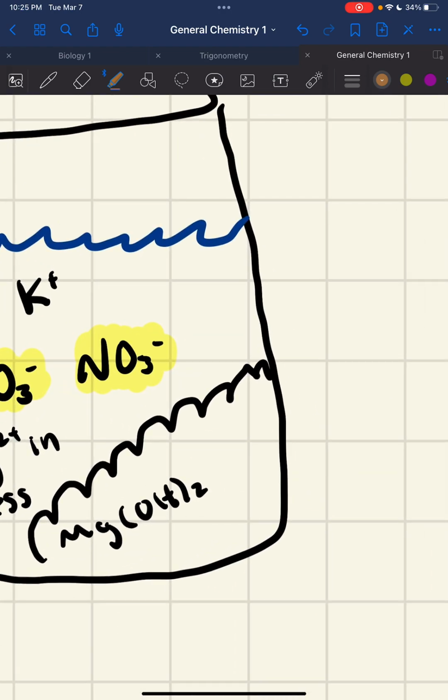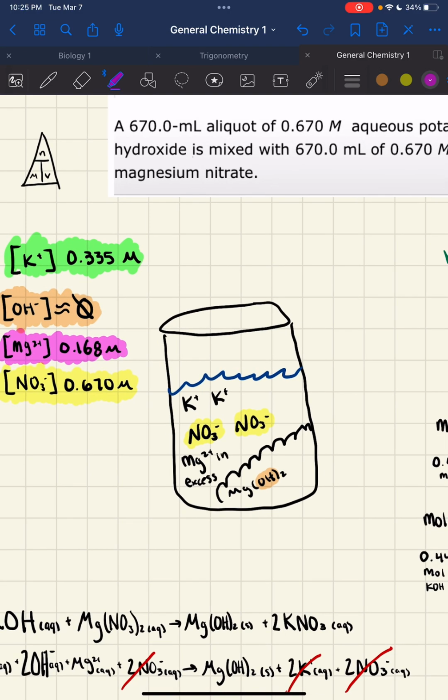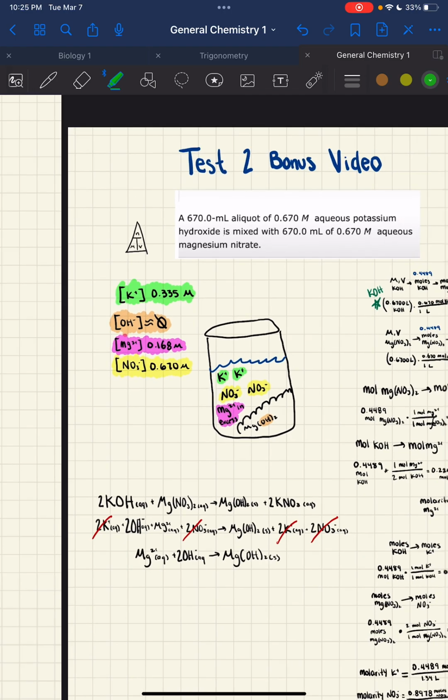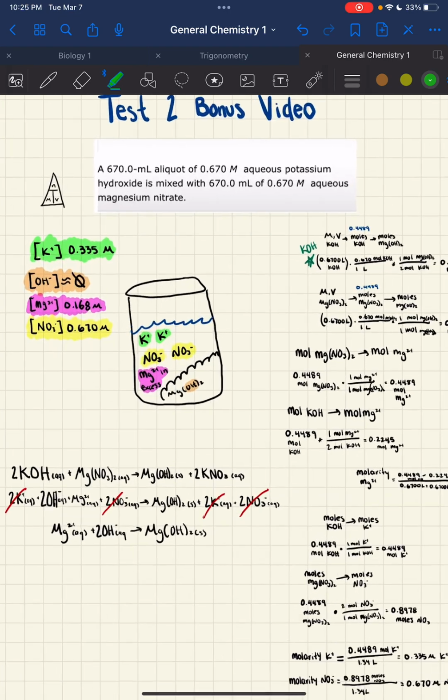I'll even put a little bit of that in here just so you can recognize that all of that hydroxide went into that precipitant, and you still have a little bit of that magnesium in excess as well. All right, and we'll get that green and just add that onto that K plus too. You can't forget about them.